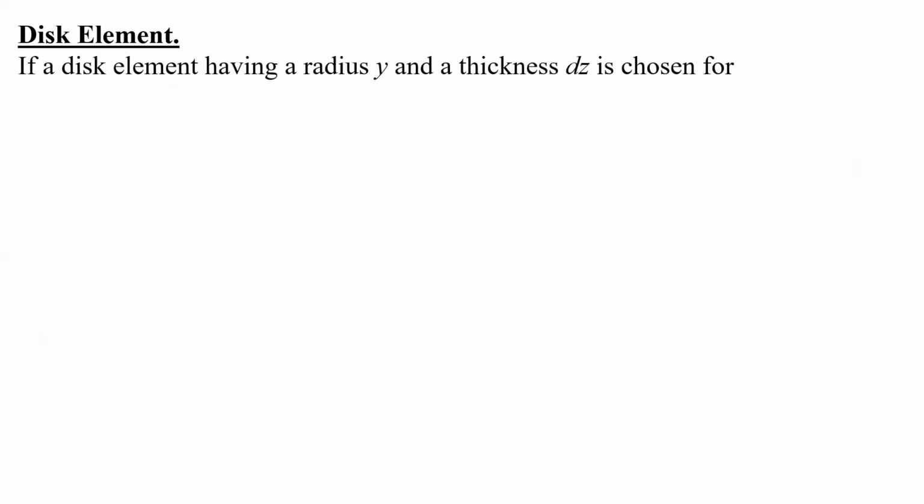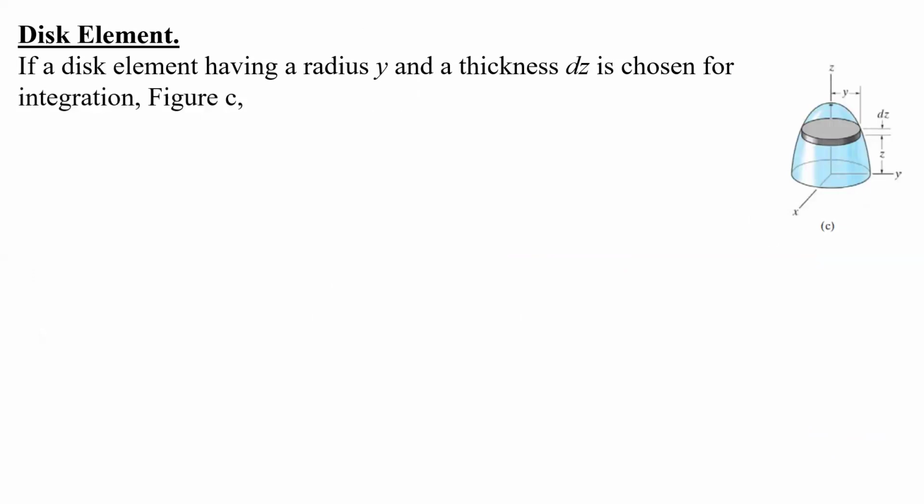Now looking at the disk element, if a disk element having a radius y and a thickness dz is chosen for integration, as shown here in figure C, then the volume will be pi r squared dz. That is pi y squared, because r is equal to y. That's the area times the thickness, forming a volume or a cylinder.